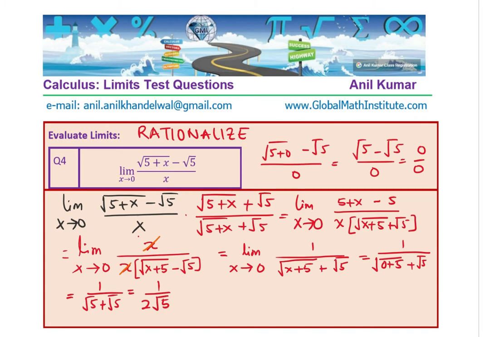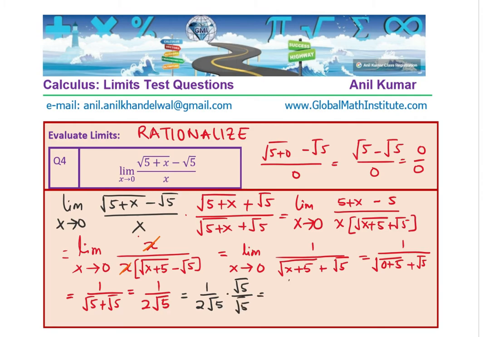Now, it is a common practice not to write square root 5 in the denominator, so I'll request you not to stop at this stage. If you're really trying to get 100% marks, this is very important. Rationalize the denominator. So we need to multiply and divide by square root 5.